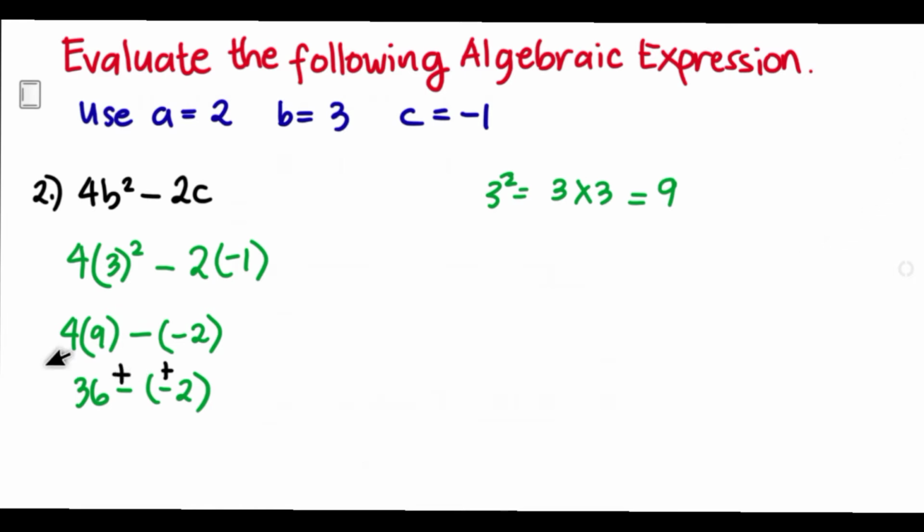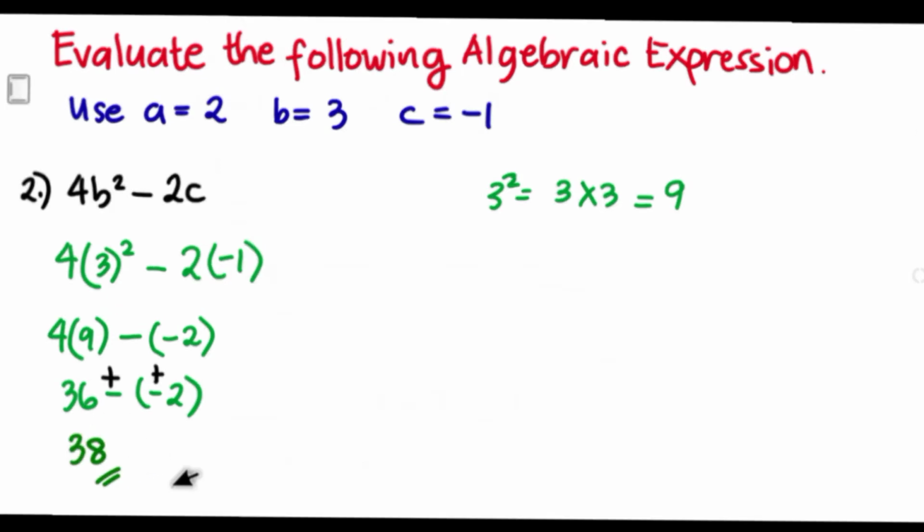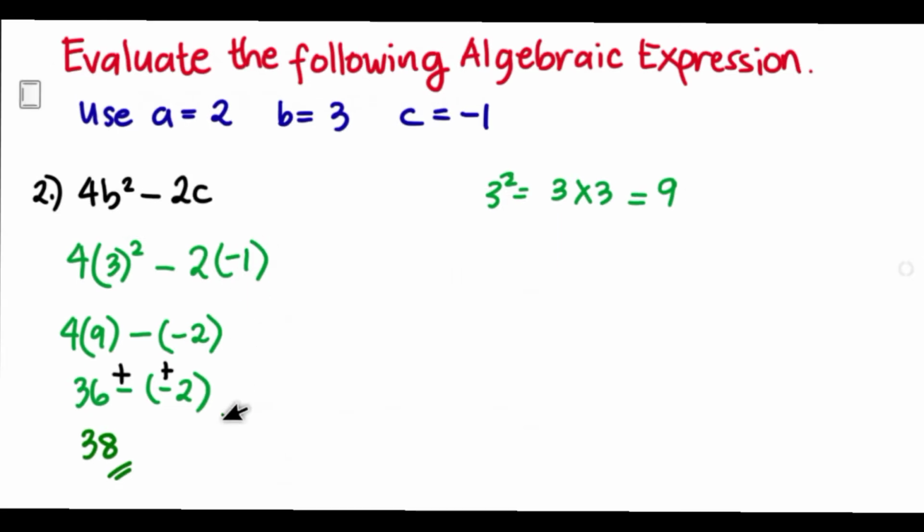So, finally, it will be 36 plus positive 2. So, 36 plus positive 2, the answer is 38. So, yan po ang final answer, 38. Dito po sa example natin, ang value po ng 4B squared minus 2C ay 38. Pero, sinabi ko nga kanina, lagi po nagbabago yan. Hindi po yan constant. Kasi po, depende po yung value ng expression sa mga values ng bawat variable.